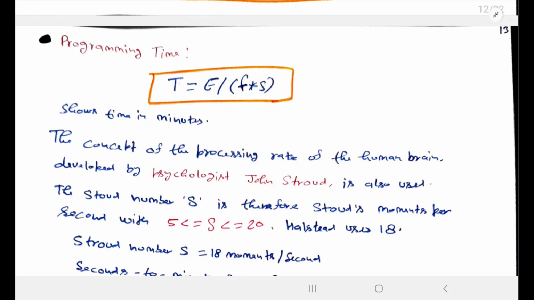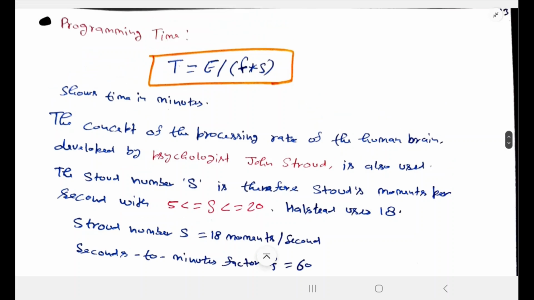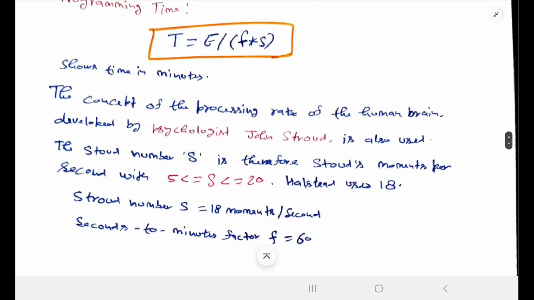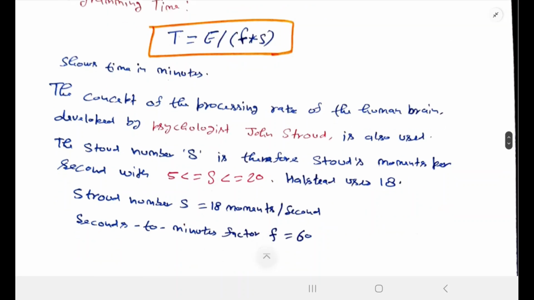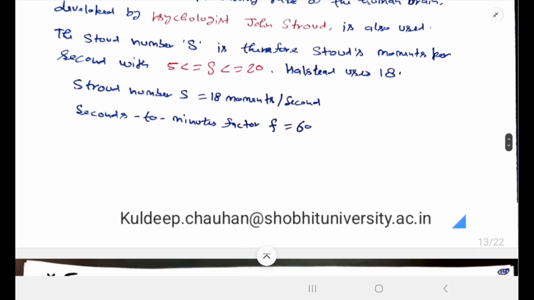This will be the standard value of S. Halsted uses 18 in his study. The Stroud's number S equal to 18 moments per second, and a seconds to minutes factor F equal to 60. So by putting these values in this formula, we can get the programming time.